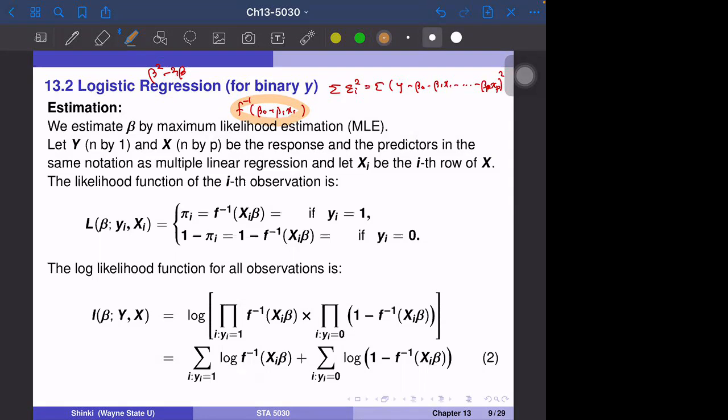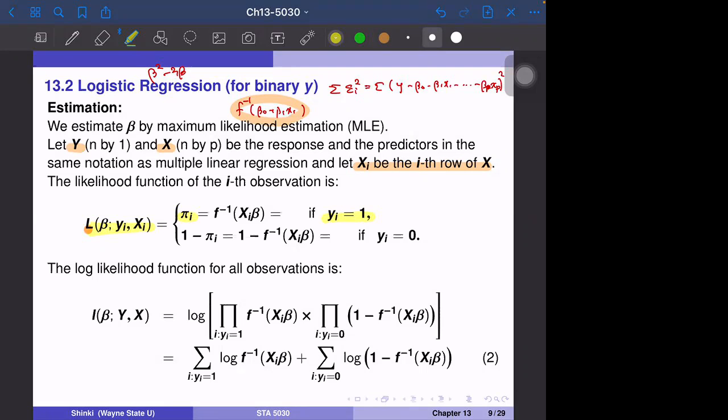Now we think about the maximum likelihood function for the logistic regression model. Let y be the response and let x be the predictor in matrix form, and let xi be the ith row of x, just the ith observation. Then the likelihood for this ith observation is pi i if yi is equal to 1, the success probability.